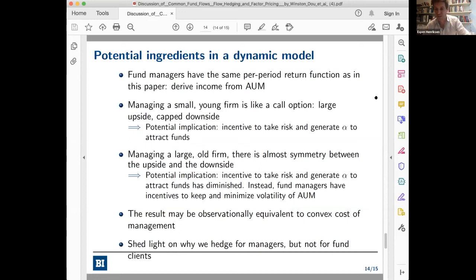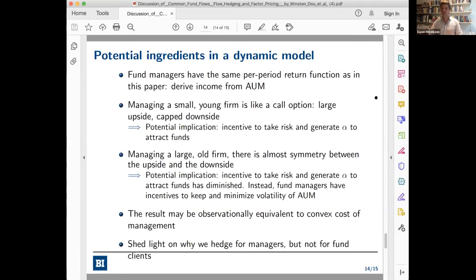Then you will have large incentive to take risk and generate exposed alpha. Whereas if you manage a large old firm, there is almost symmetry between the upside and the downside, just because you hopefully are far away from actually going out of business. So then the incentive to take risk and generate alpha to attract funds has diminished. Instead, they have the incentives in this paper to keep and minimize volatility of AUM.